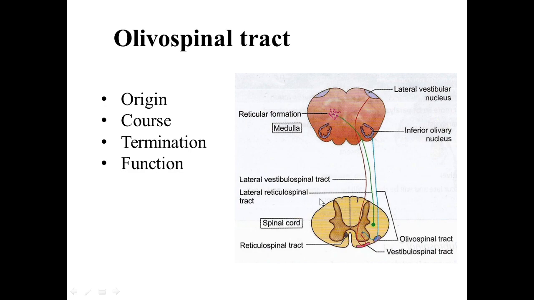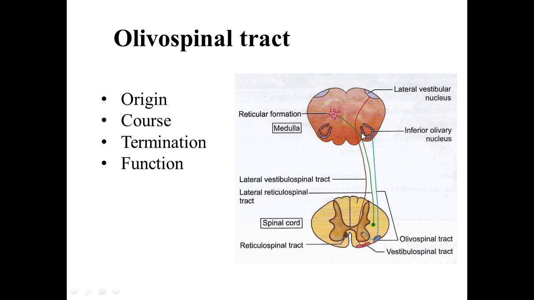The next tract is the olivospinal tract. This is the olivospinal tract. It arises from the inferior olivary nucleus of the medulla. This is the inferior olivary nucleus, which is situated in the medulla.